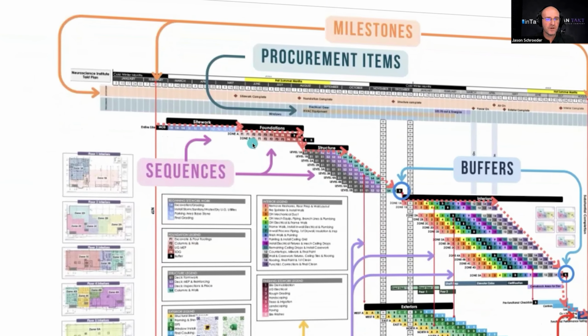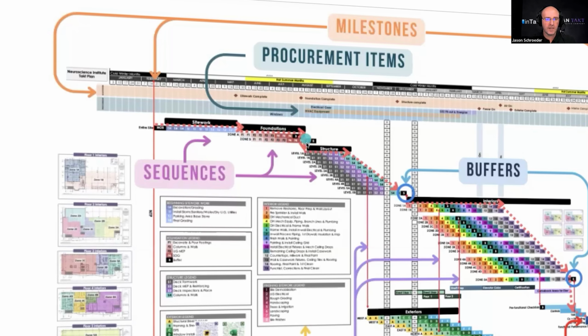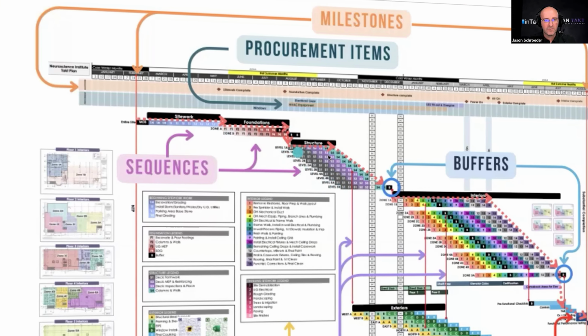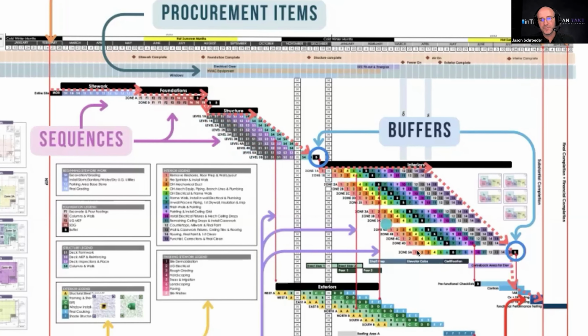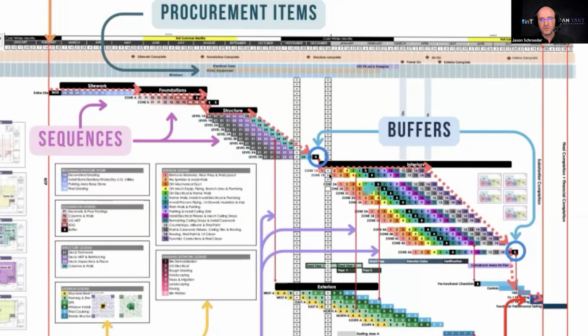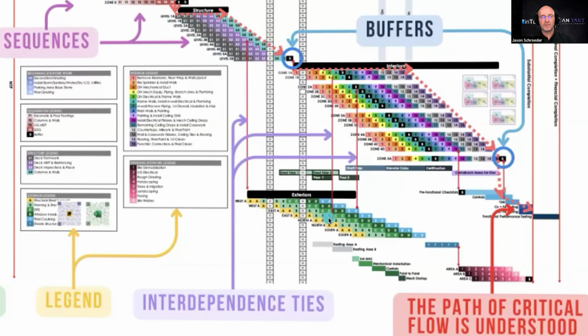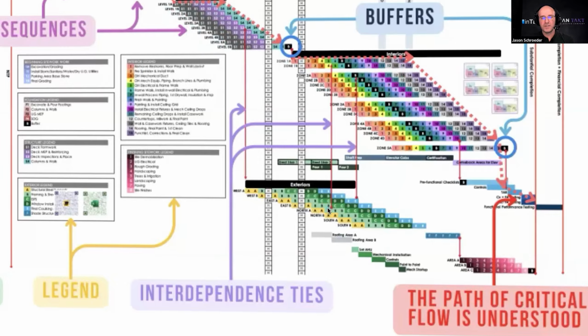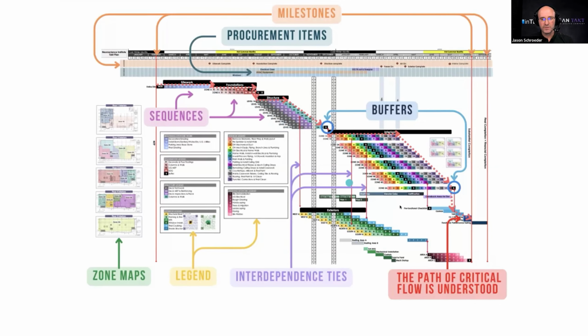We have 2 zones for foundations, and we have 4 trades moving through that area. For structure, we have 10 zones and we have 4 trades moving through that. For interiors, let's just say that we have like 17, 18 zones and we have 15 trades moving through there. And this overall master plan shows us strategically how it's all going to work together. That's where the Takt production system starts.